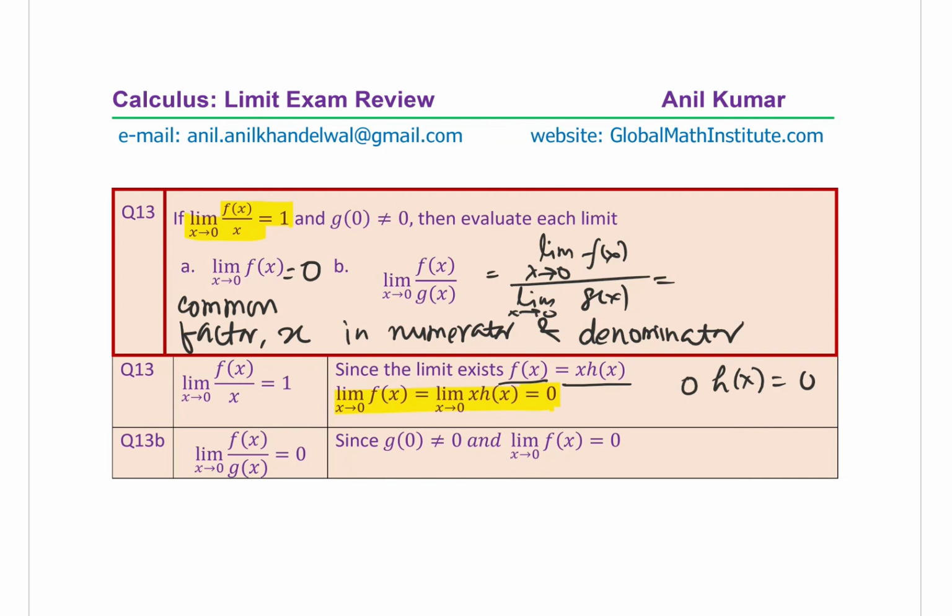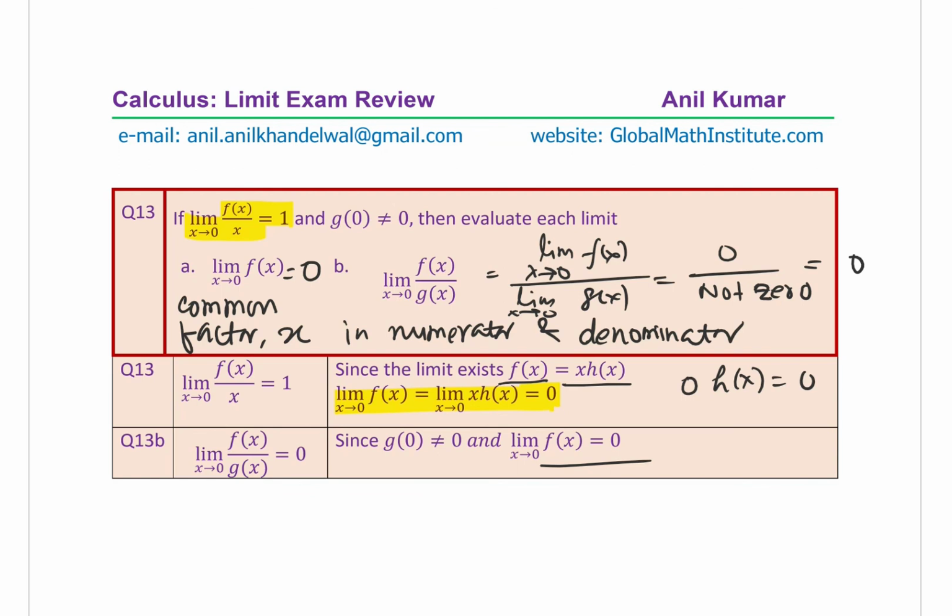We know the top limit is 0 and we know that this is not 0, right? So this is not 0. Clear? So 0 divided by any number will lead to 0 and therefore the limit of this function is 0. But you need to justify whatever I have said here and provide an explanation. However, the solution is given to you. Correct? That is how you are going to answer this particular question.